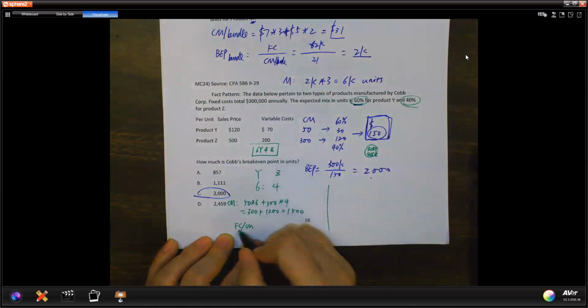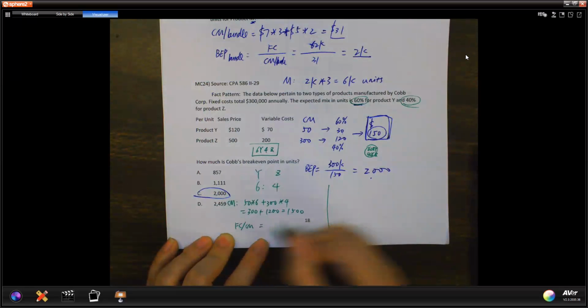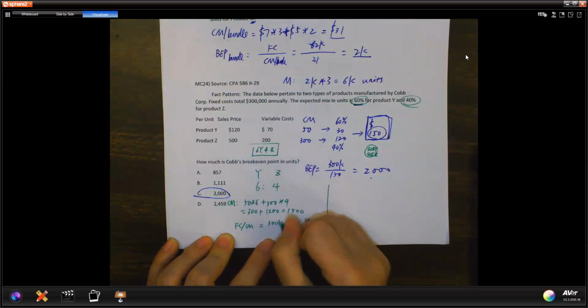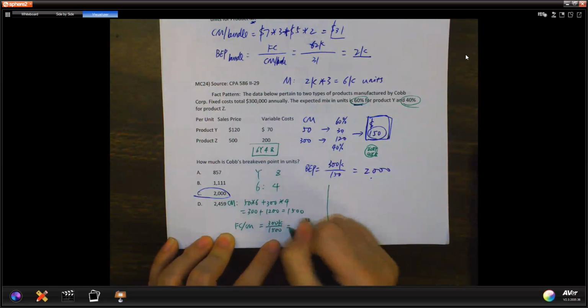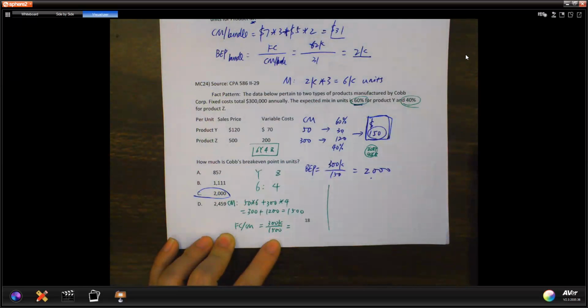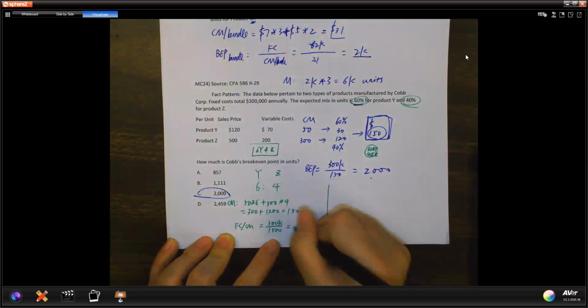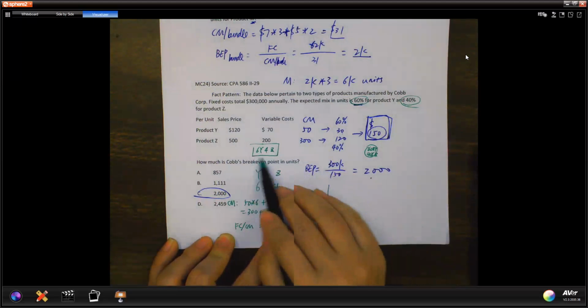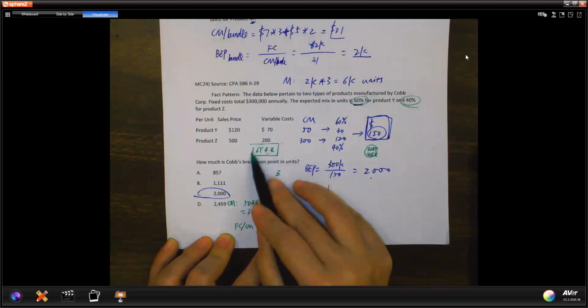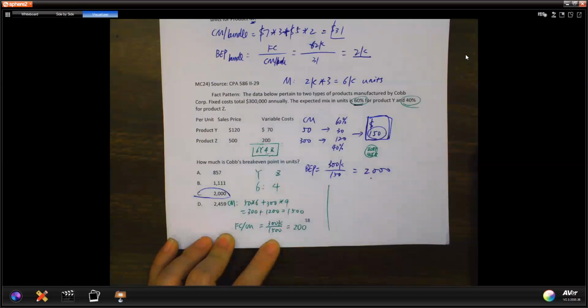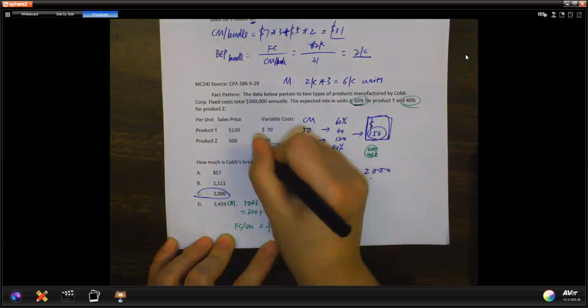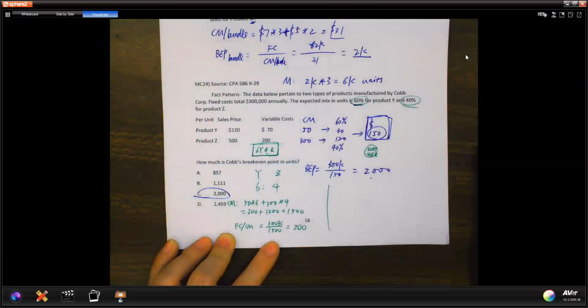So our fixed cost divided by contribution margin is 300,000 divided by 1,500, which gives you 200 bundles.